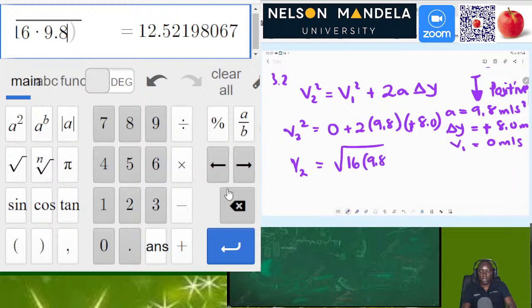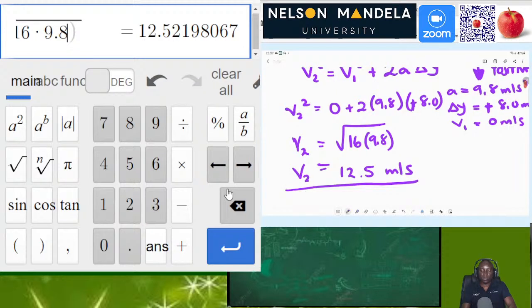It says v2 is 12.5 meters per second. So the velocity with which A reaches the ground is 12.5 meters per second.